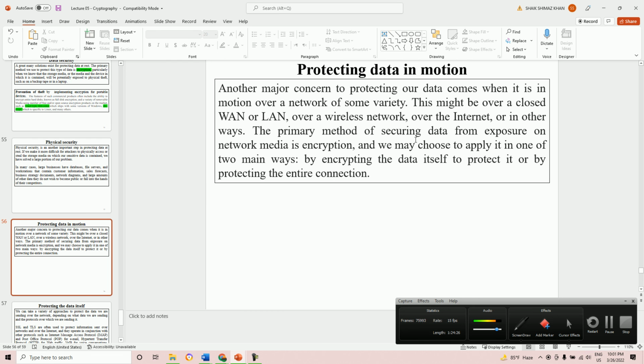The primary method of securing data from exposure is encryption. Once again, encryption. How can you protect? You can use encryption, also hashing, digital signatures, certificates, all that you studied in this lecture. All these are used to provide the security.